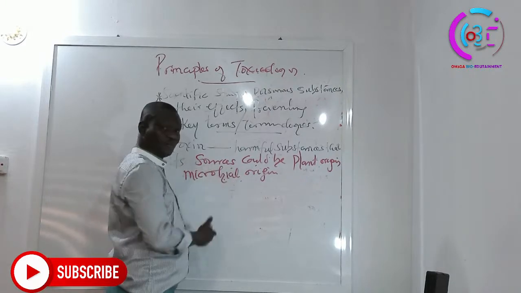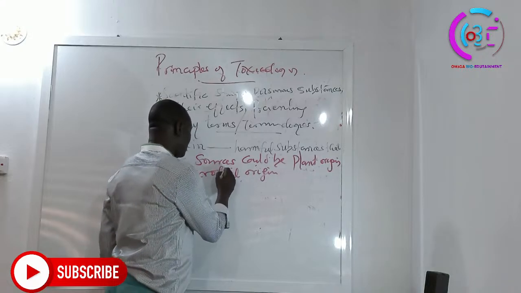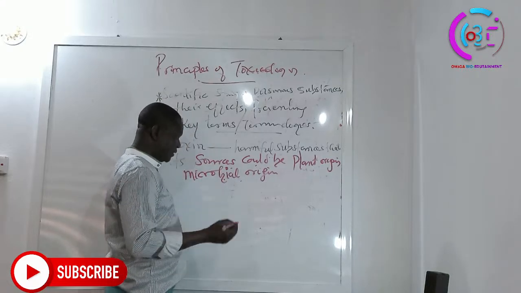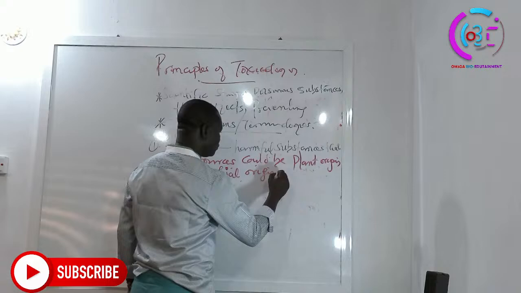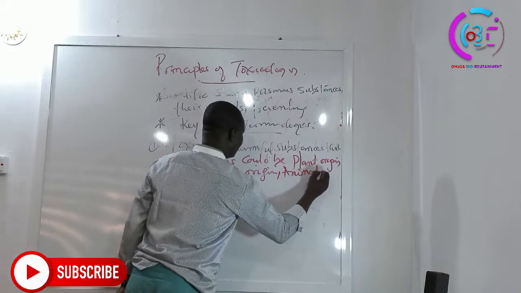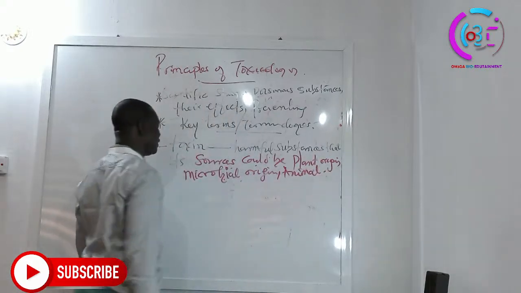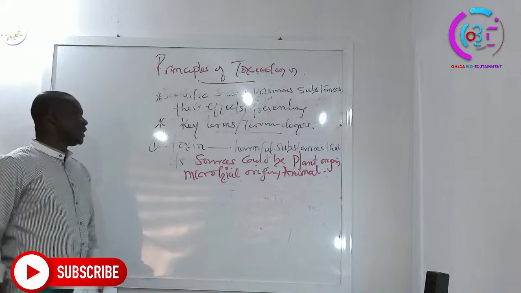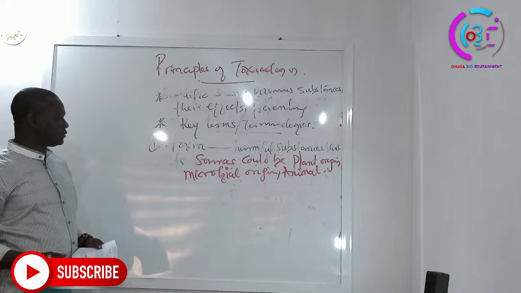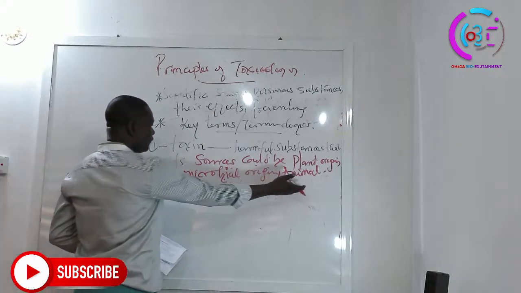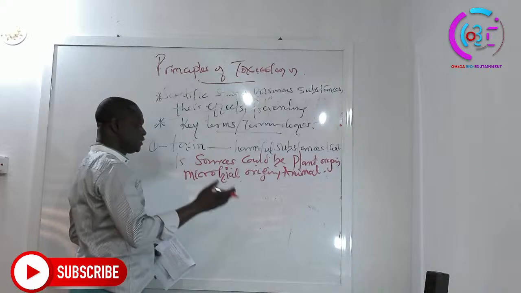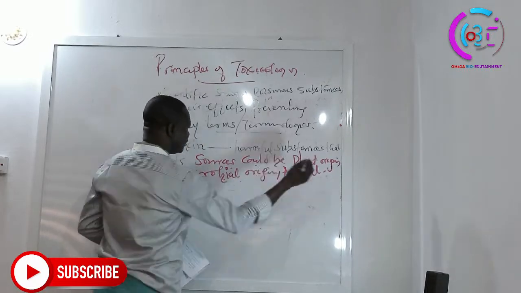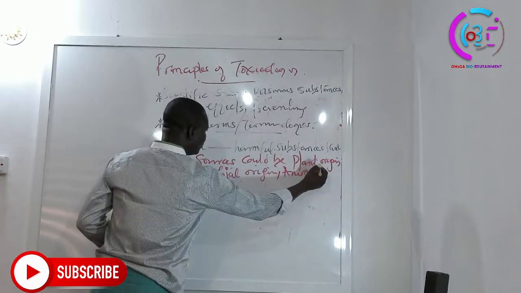Mycotoxin has its origin from microbial organisms or microorganisms. Some of these could also come from animals. So a toxin is any harmful substance that has a source, which could be plant, microorganisms, or animal.